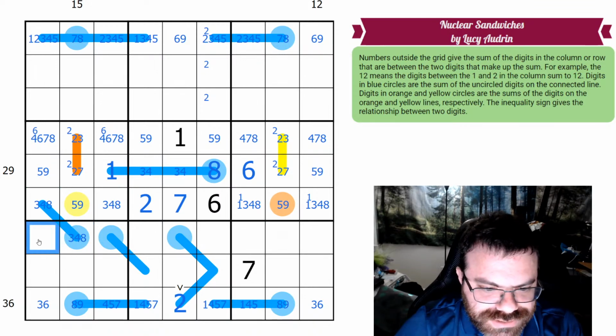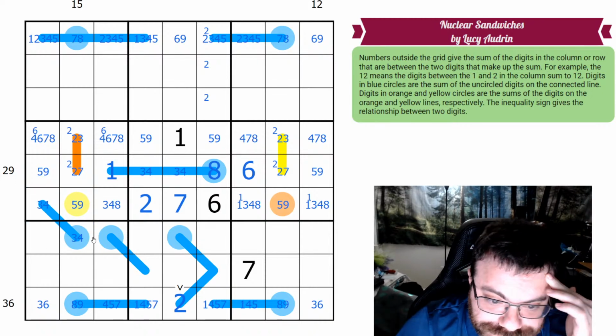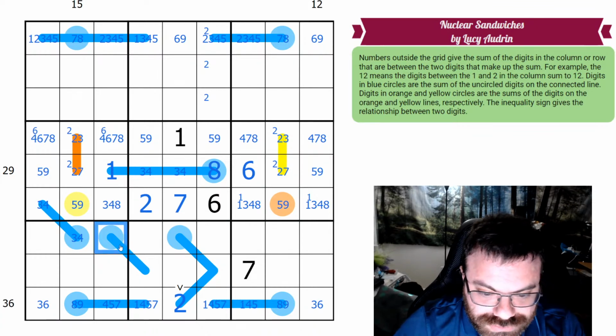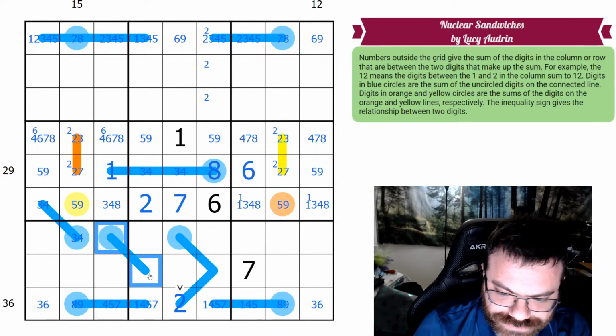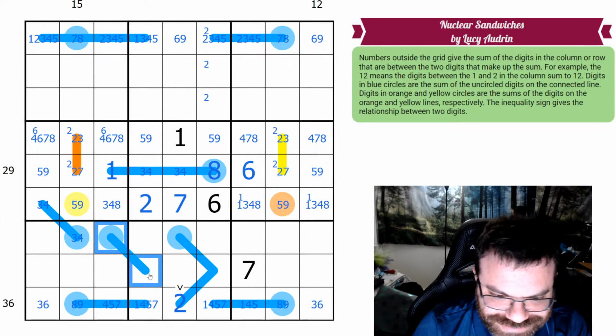Oh, no, sorry, it's duplicated. But we have the X-Wing on 8s. Confusing myself. These go here somewhere. So they're from 1, 3, 4, 5, 8. No, never mind.